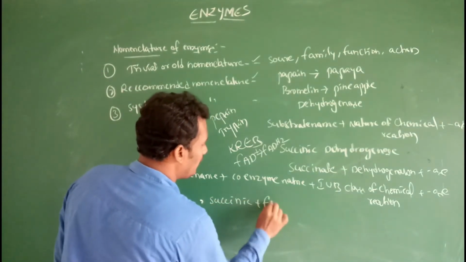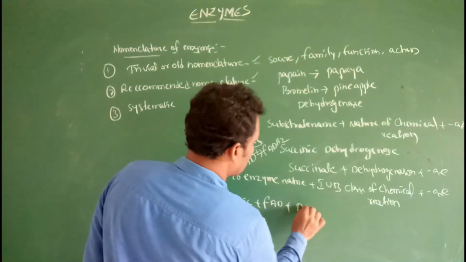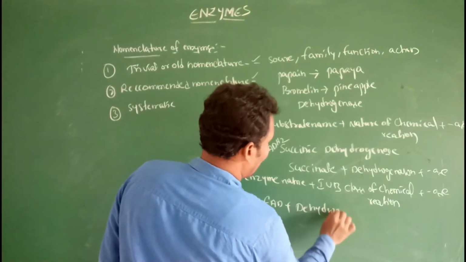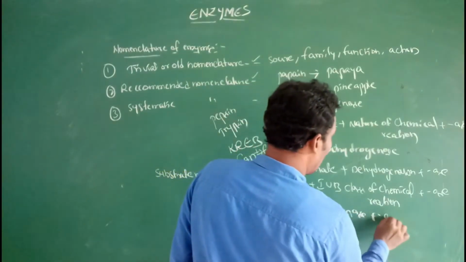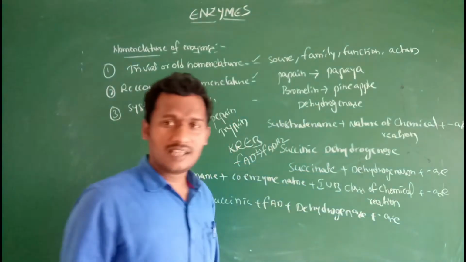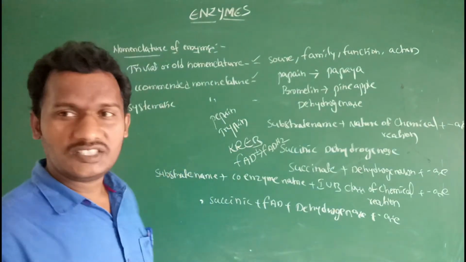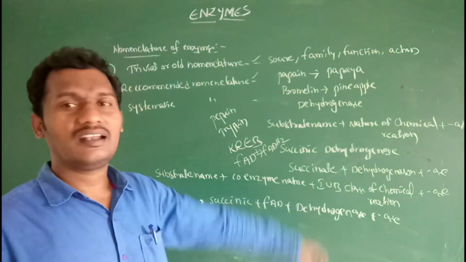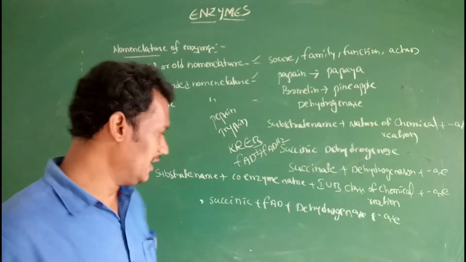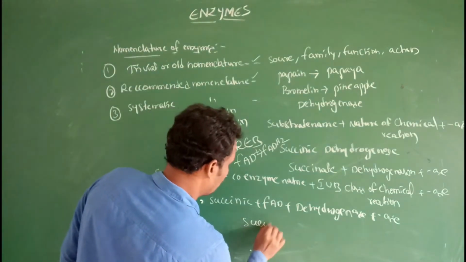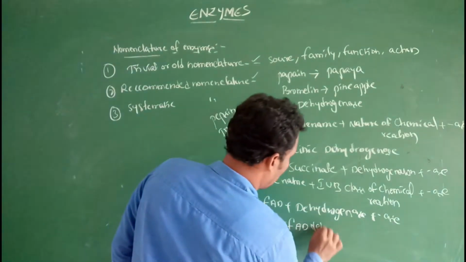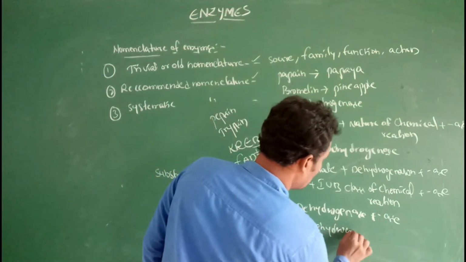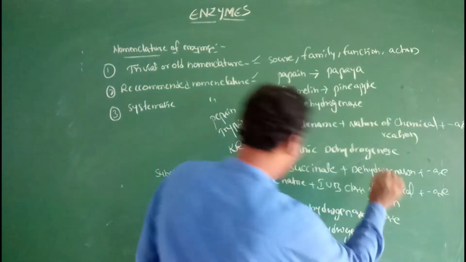Example, succinic FAD dehydrogenase plus the suffix word. So the total enzyme is succinic FAD dehydrogenase enzyme.